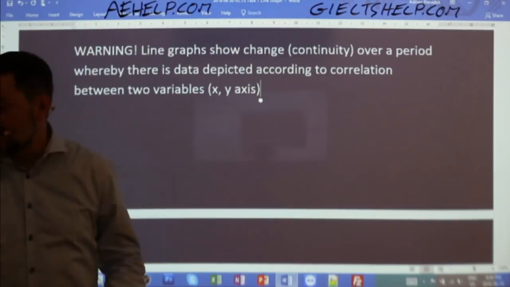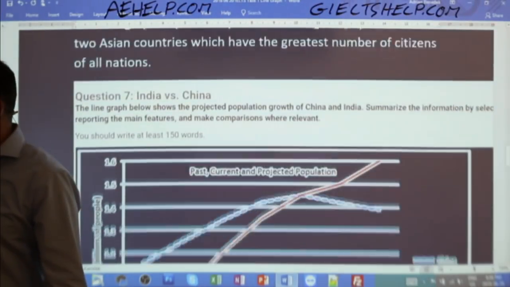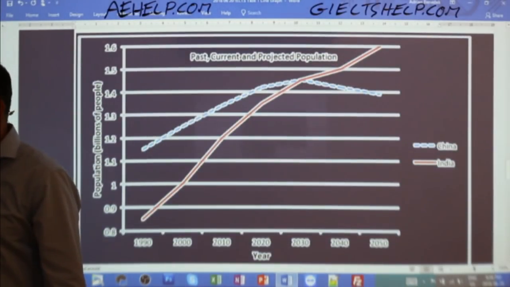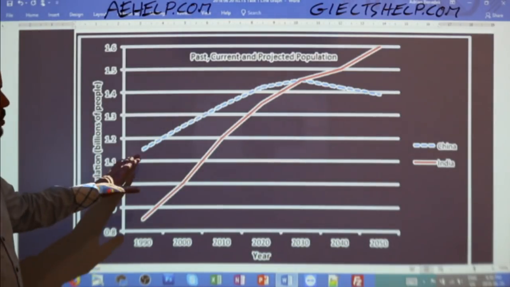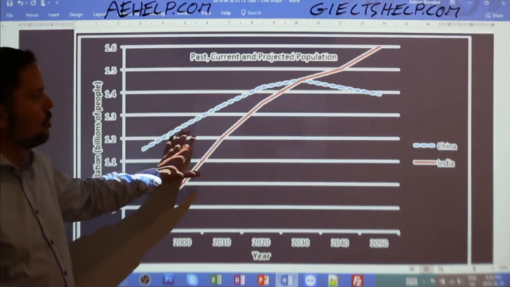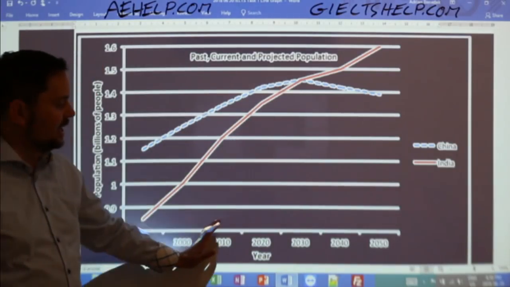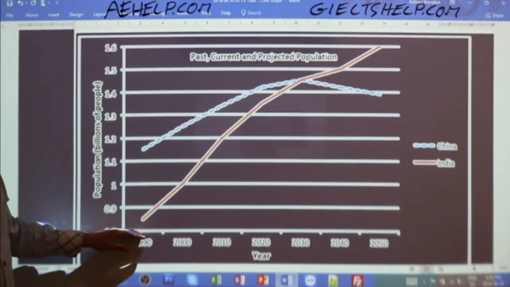This is what line graphs are used for. All right, now we can do what we talked about where we look at the main features. So when you're writing about a line graph, it makes sense to label your key features according to the time, so according to the y-axis.